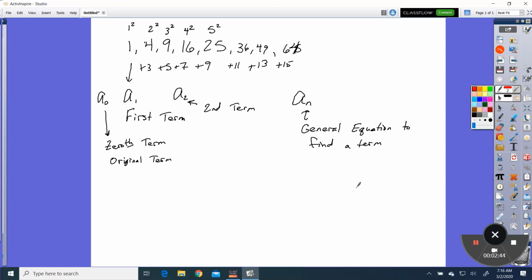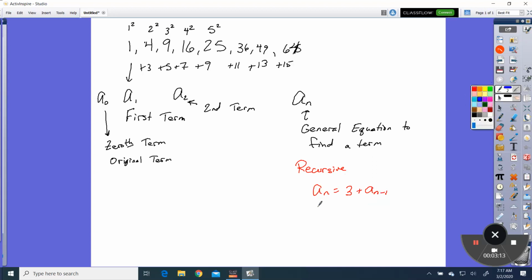We probably won't get into it today, but there's one that's called recursive. It means it reoccurs, but it has an An. For example, it's something like this, 3 plus A(n minus 1). So this n minus 1 thing means it's the term before the term that you're after.